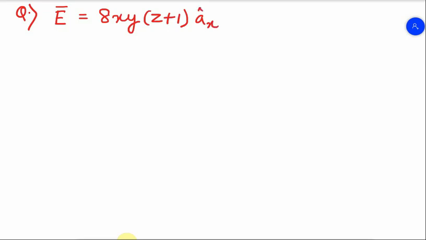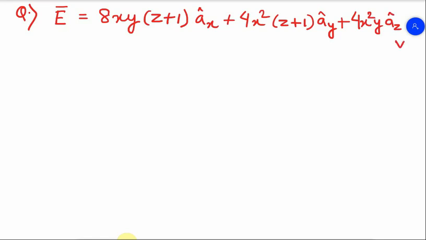Now next we will discuss one numerical. The question is: given the field E equals (8xyz plus 1) ax plus (4x square z plus 1) ay plus 4x square y az volts per meter.